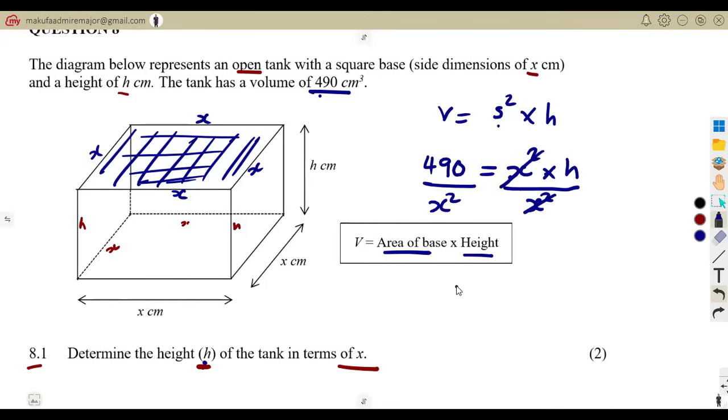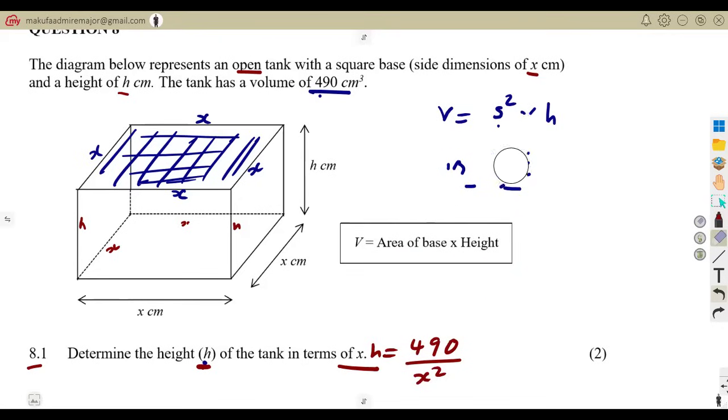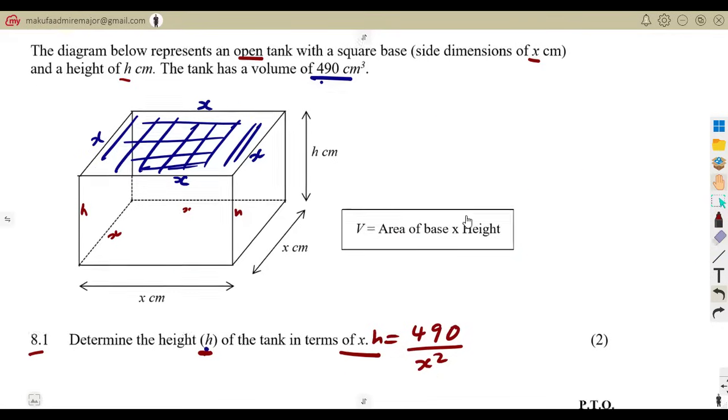This was going to cancel. So therefore, H was going to be 490 over X squared. It was an advantage that we simply took from the volume that we are given, the expression of the volume that we have there. That's the base area times the height.